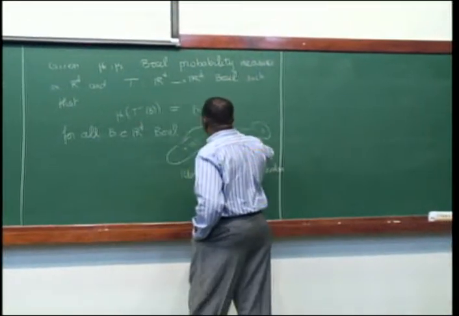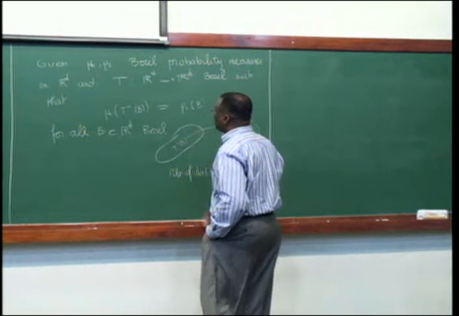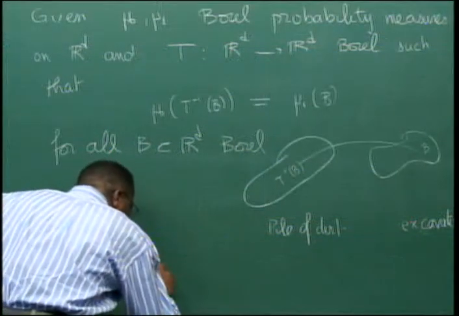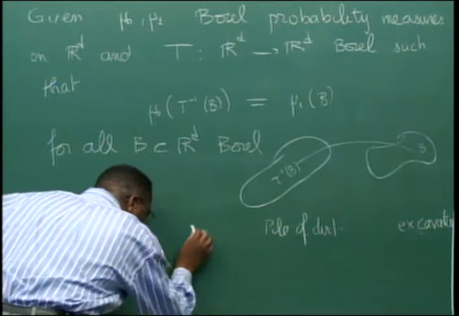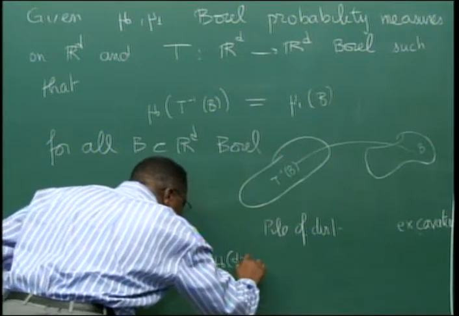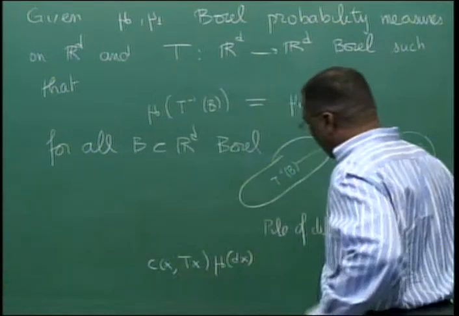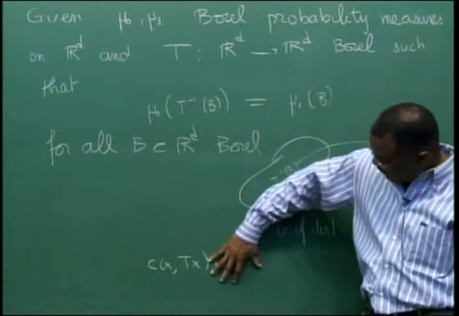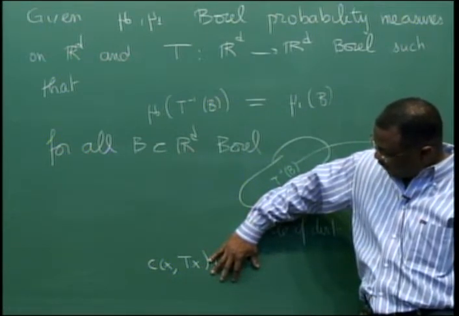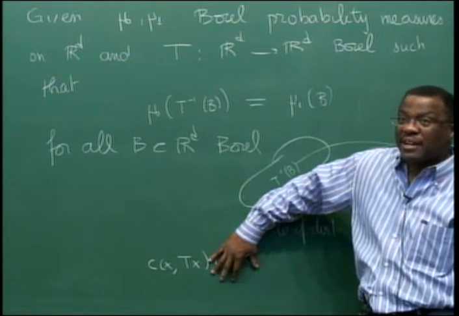When T satisfies this property, we call it a transport map. When you write C of x, T of x, mu naught dx, without mu naught, this is the cost you pay for transporting a unit mass from x to T of x.